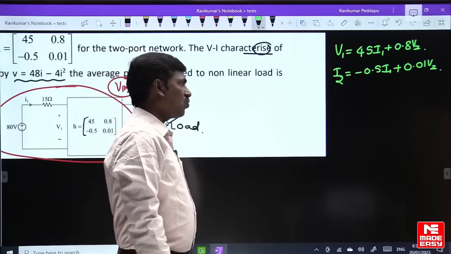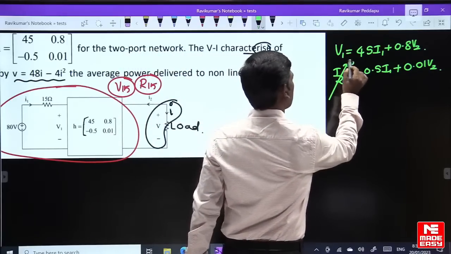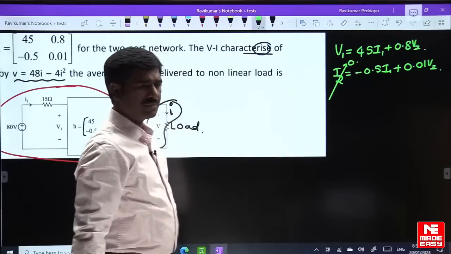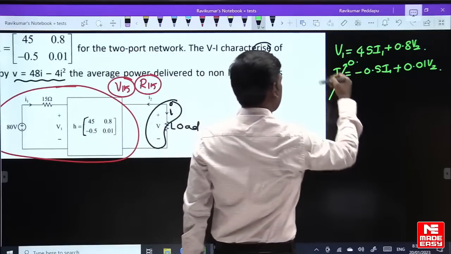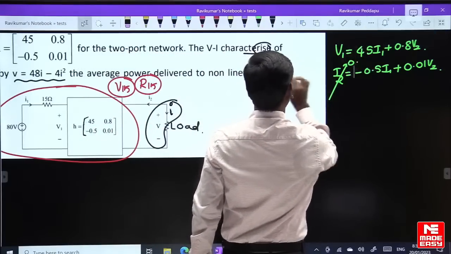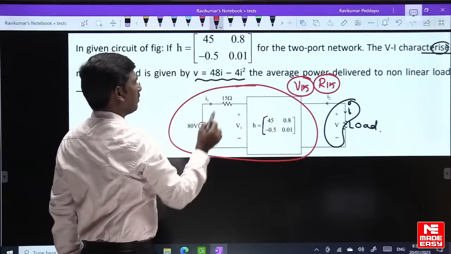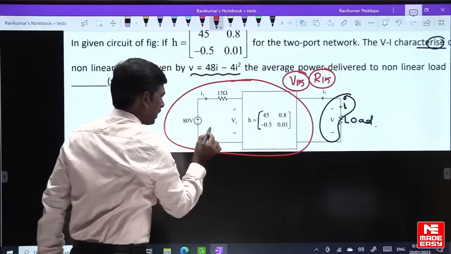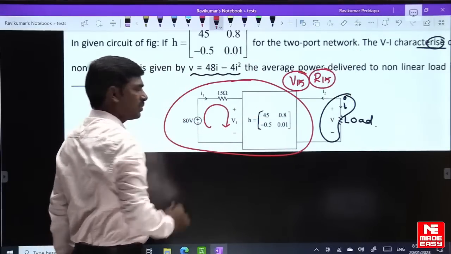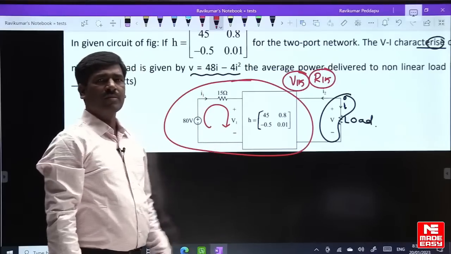Now to find the VTH, open circuit the I2. Open circuit means I2 becomes 0 amperes. What would be V1? V1 is equal to, you can write the KVL equation in this loop. KVL equation in the loop: 80 minus 15 I1 is equal to V1.